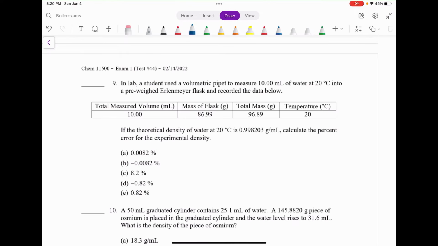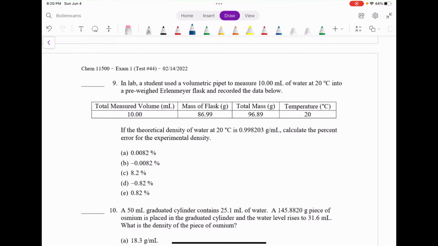9. In a lab, a student used a volumetric pipette to measure 10 milliliters of water at 20 degrees Celsius into a pre-weighed Erlenmeyer flask and recorded the data below. If the theoretical density of water at 20 C is that, calculate the percent error for the experimental density.